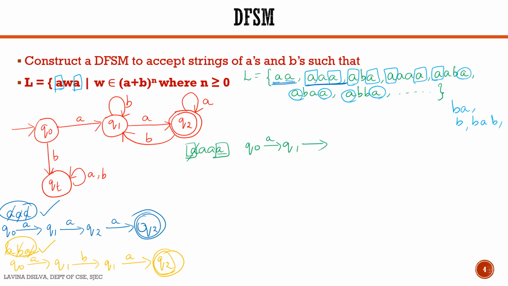In Q1 state, if we see an A, we go to Q2 state. And in Q2 state, if we see an A, we remain in Q2 state. And in Q2 state, again if we see an A, we remain in Q2 state. We have finished traversing the entire string, and the final state in the traversal path is Q2 state. Therefore, this string is accepted.